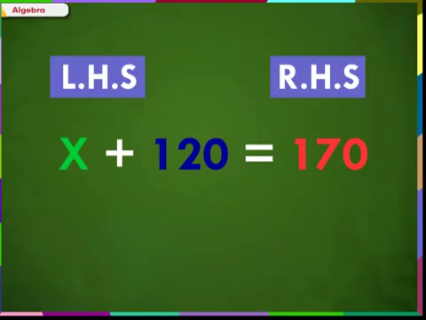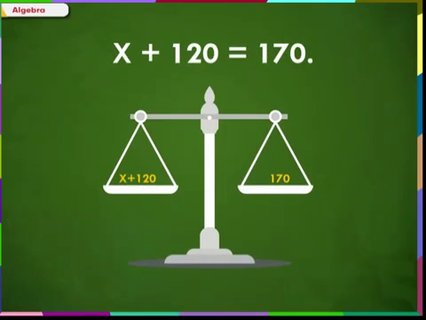Let us understand this with the help of a beam balance. Consider the same equation x plus 120 is equal to 170. We place the LHS of the equation on the left pan of the balance and the RHS on the right pan of the balance.